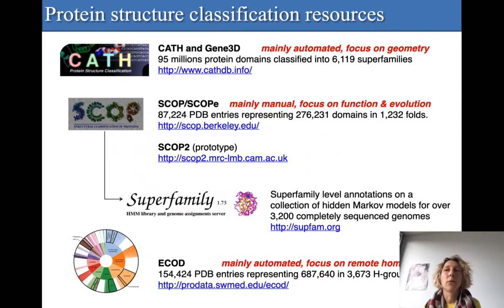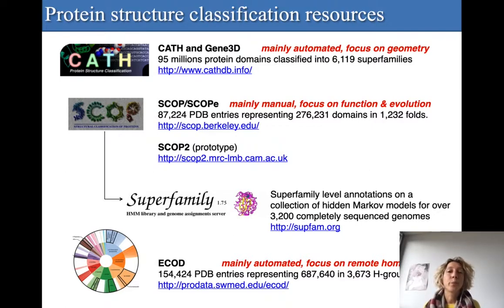Now it's more automated, and new structures tend to populate the same folds that we know. The numbers are here for the different databases. You must keep in mind that there are inconsistencies between the databases. They do not fully agree.